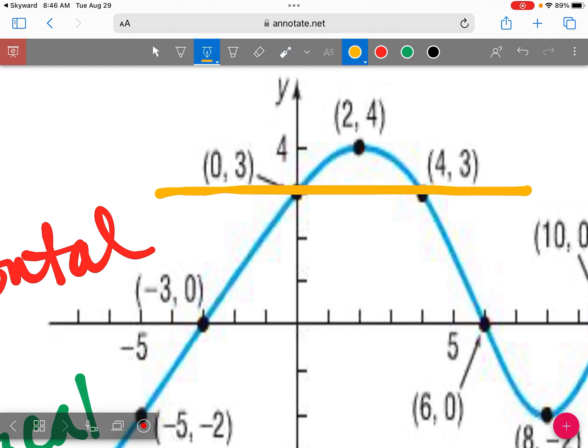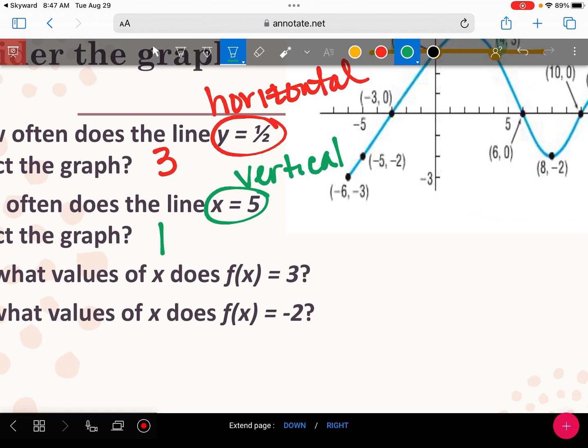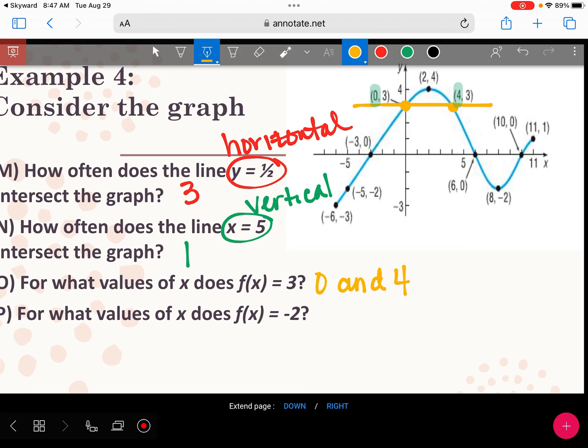It intersects here and here, at x equals 0 and x equals 4. So the answer would be 0 and 4. Those are my x values.